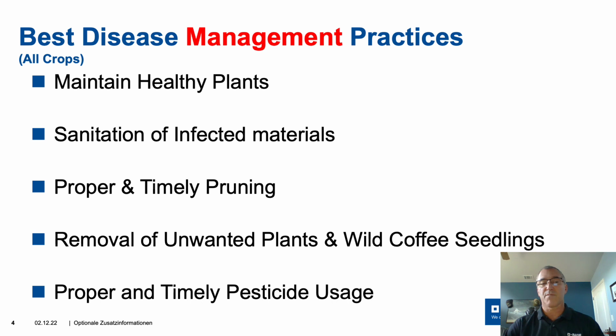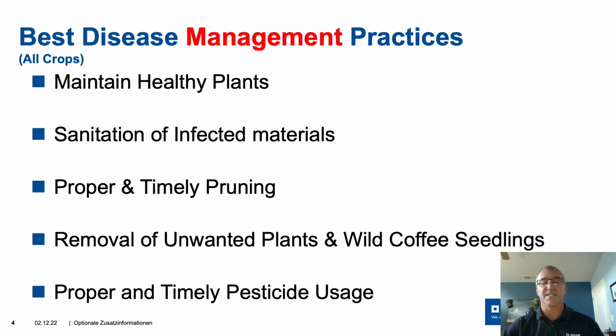Sanitation of infected materials, again, very important. Getting rid of the material that's carrying the disease spores, getting it off the plantation or disposing of it somehow is important. Timely pruning and proper pruning techniques. I'm not an expert on coffee at all. I know very little about it.